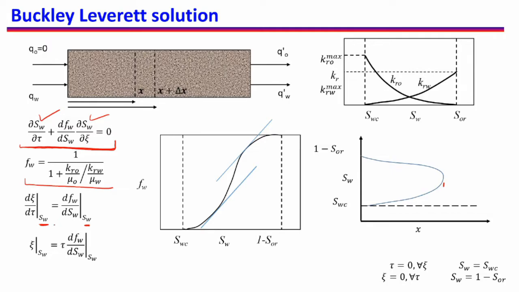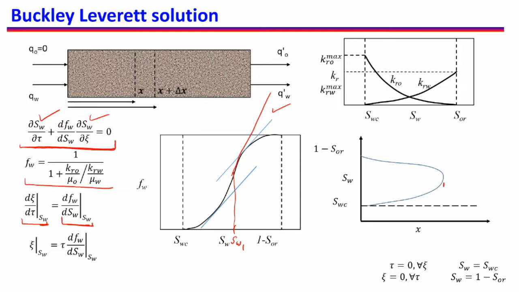In this case, the speed of the saturation is given by the fw versus Sw curve, and the slope of the fw curve. If we want to find out the speed of saturation Sw1, then we will go to the fw curve at that saturation. We will find the slope, and we see that this slope is constant.